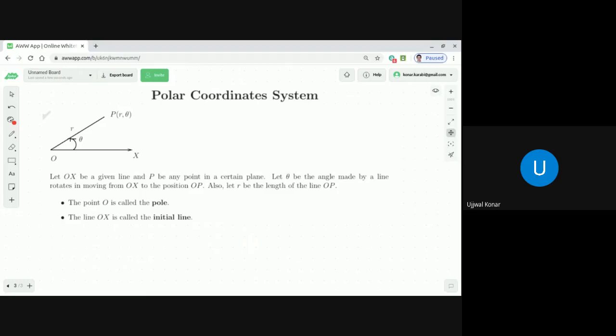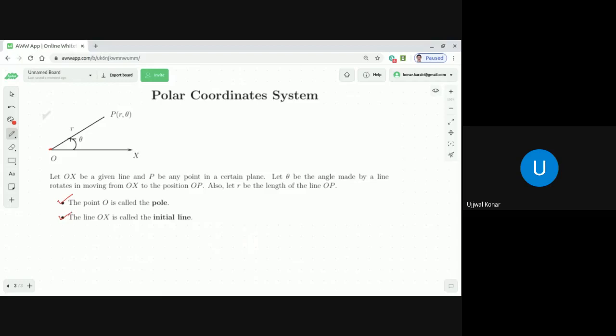O is a fixed point, and OX is also a fixed line. The point O is called the pole, and the line OX is called the initial line. Correct, dear students?